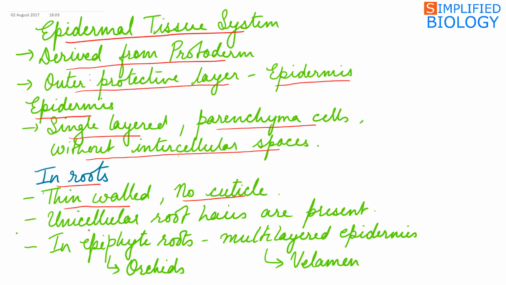Present on the epidermal cells of the roots are unicellular root hairs, which increase the surface area for the absorption of water by the roots. The epidermis in the root is also referred to as epiblemma or piliferous layer.